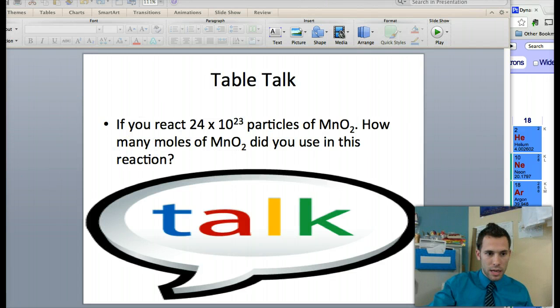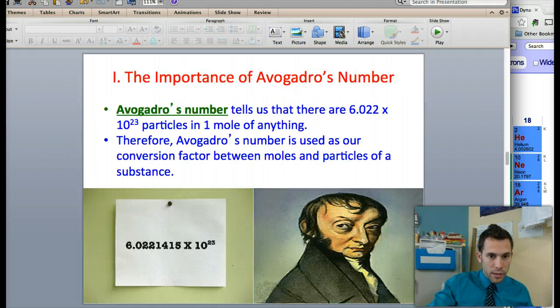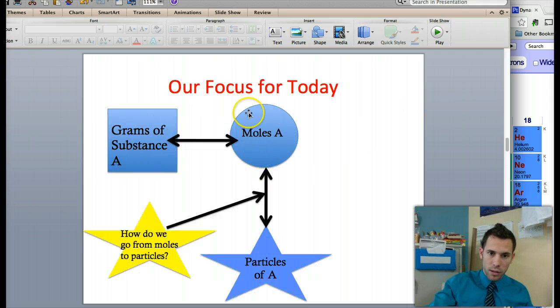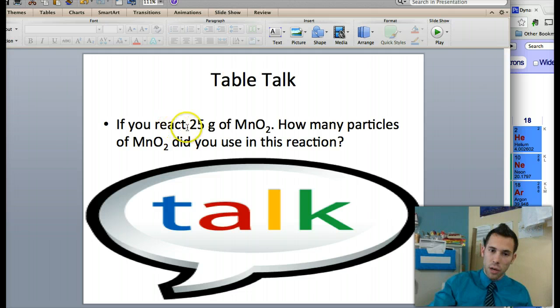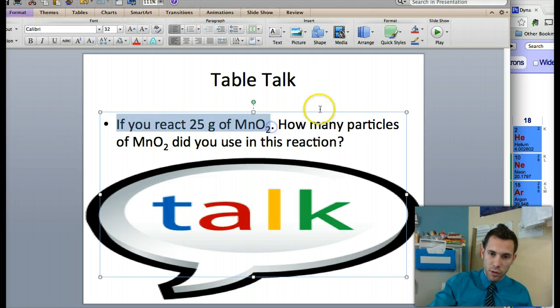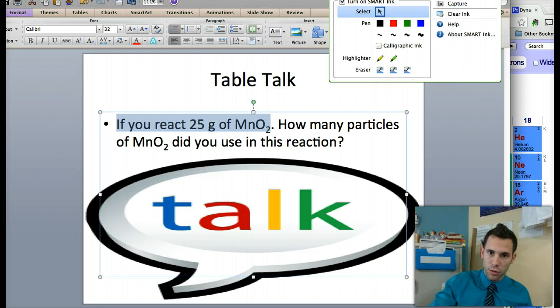but there's one more challenge problem that I want to present you with. And now we're going to take this little guy right here, this little graphic organizer, we're going to go all the way from grams to moles, all the way to particles. So here is our problem. If you react 25 grams of MnO2, how many particles did you use?